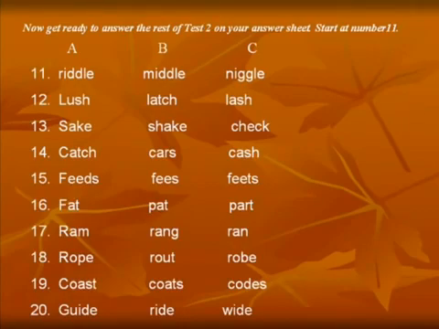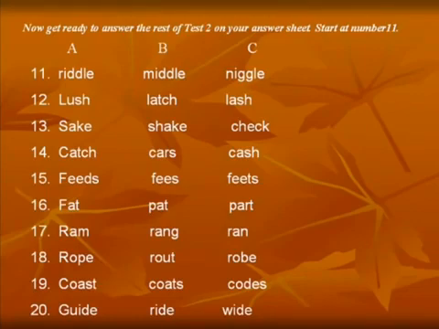Start at number 11. Number 11. Nickel. Number 12. Lush. Number 13. Shake. Number 14. Cash. Number 15.